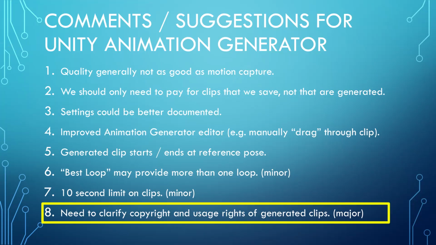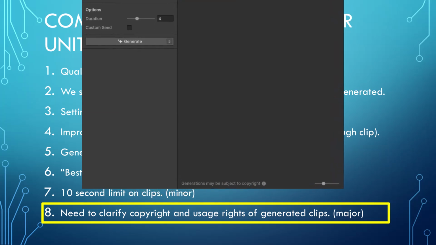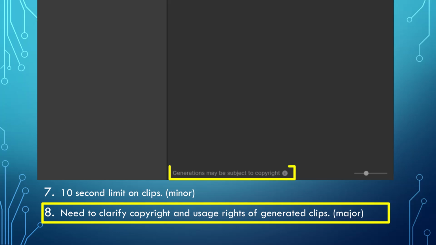A major point, though, is that I thought there was some ambiguity about the usage rights of the generated clips. The editor has the message, "Generations may be subject to copyright." I don't know what that means in terms of the user's rights to use the generated animation clips. I believe that during the recent live stream on Unity AI, there was a question in the chat about users' rights.